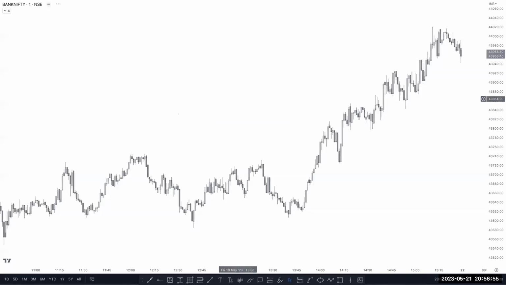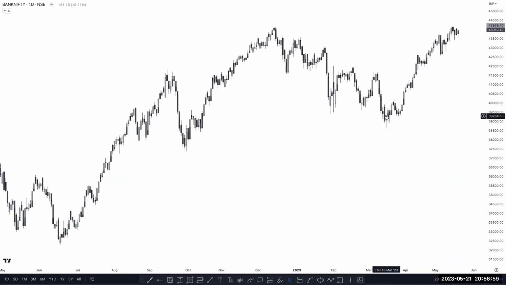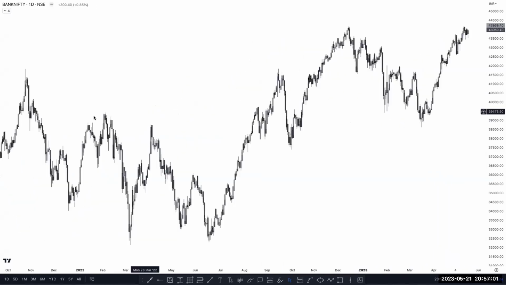And this is Bank Nifty right now. This is what is happening in Bank Nifty from a higher time frame perspective.